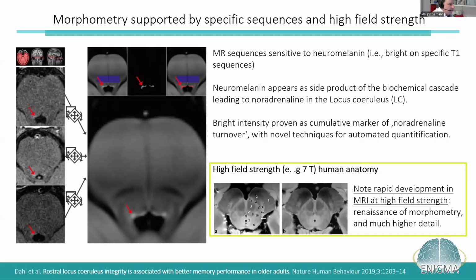It's a T1 sequence that is very sensitive to depositions of neuromelanin, and this neuromelanin is produced as a kind of side product in the biochemical cascade that leads to noradrenaline and also dopamine. So in the examples on this slide, you can see 3 individuals with a brightly appearing locus coeruleus area at the posterior edge of the midbrain.